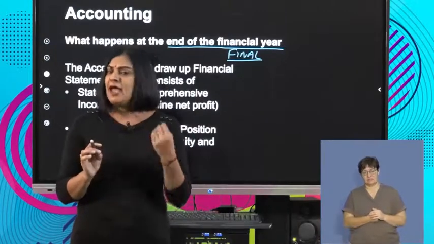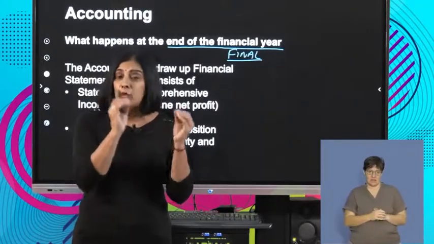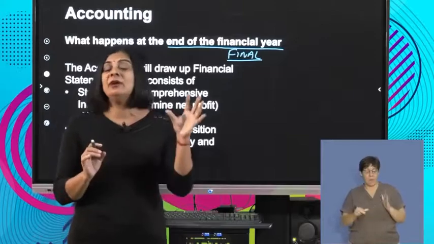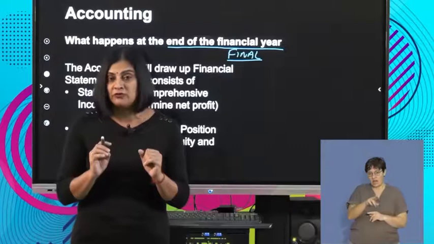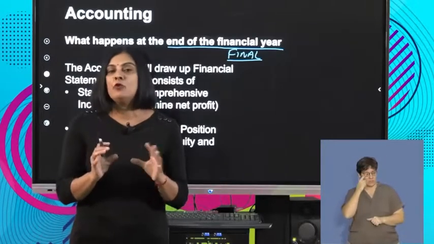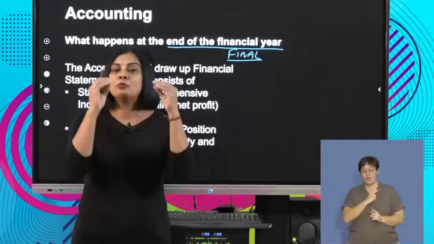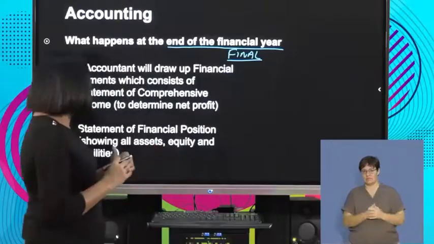Because remember, as accountants, all we need are ledgers, and we can make important financial decisions based on the ledgers that we prepared during the course of the year, but not everyone understands accounting. Therefore, we take the ledgers and we present them in the form of financial statements.